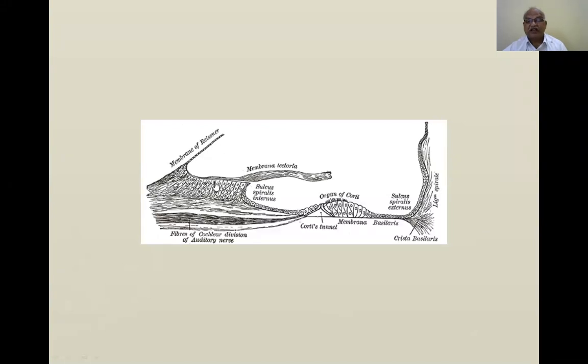So this is the section of a unit of hearing. Vibrations produced reach this, so the endolymph is vibrated and touches the epithelial cells of the organ of Corti, and electrical stimulations go through these nerves to the central nervous system.